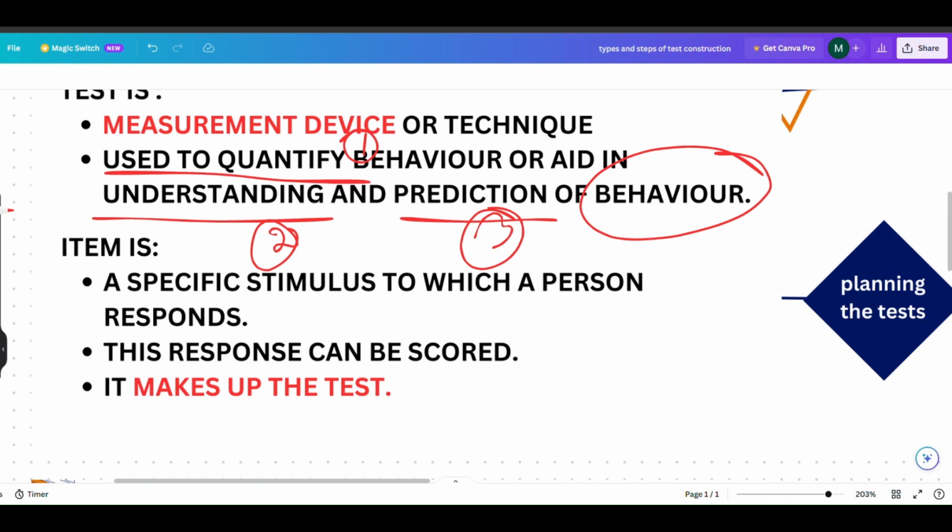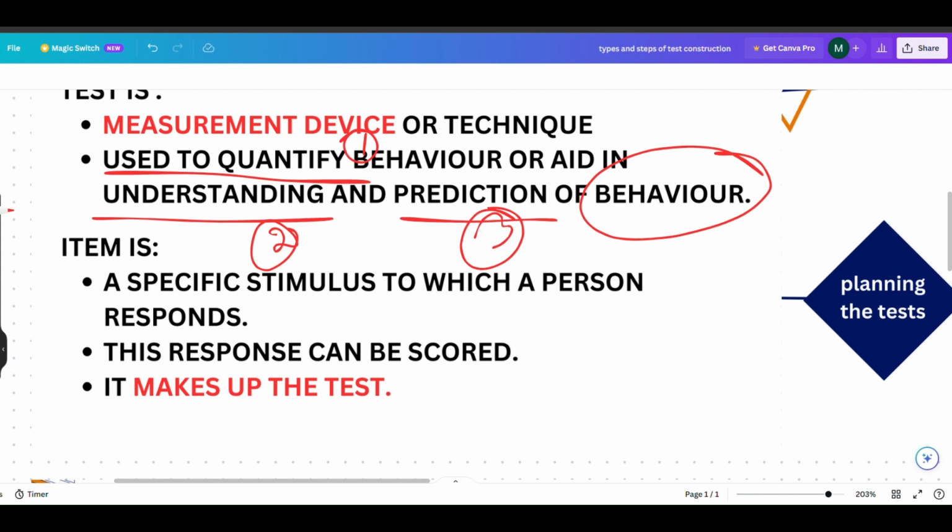What is an item? Now, item is something which makes up the test. Like if I talk about photosynthesis is used by plants. True or false?